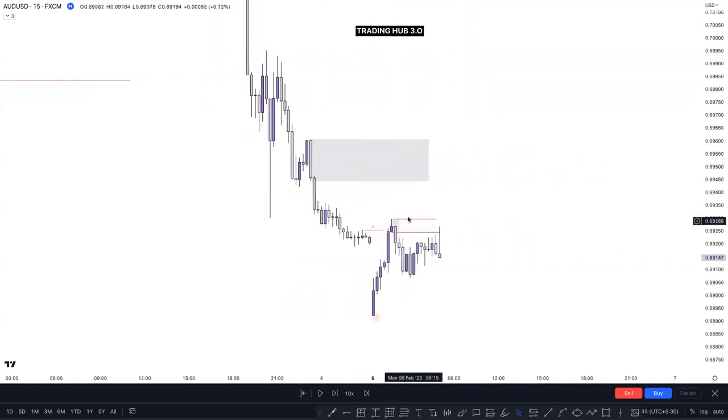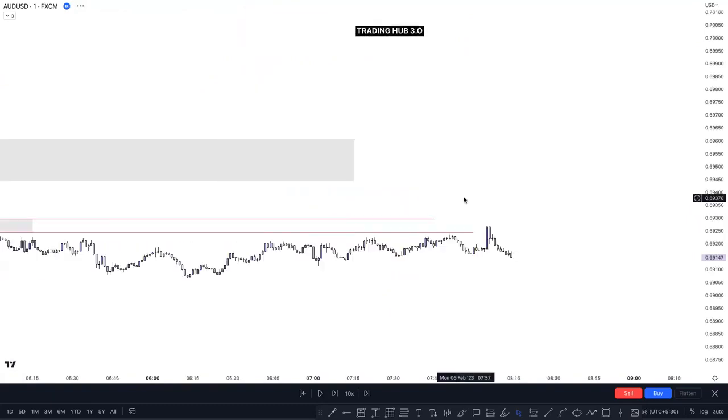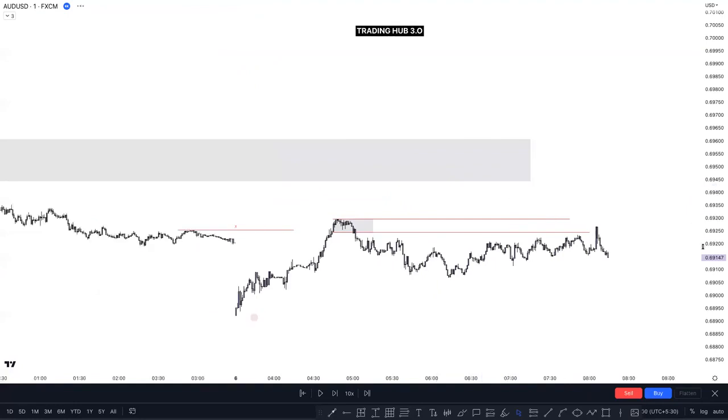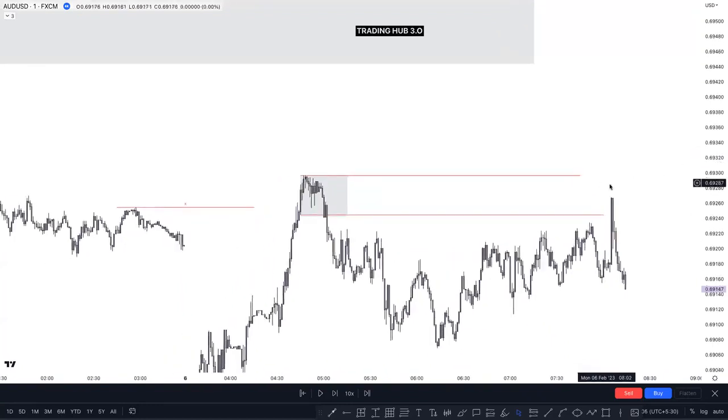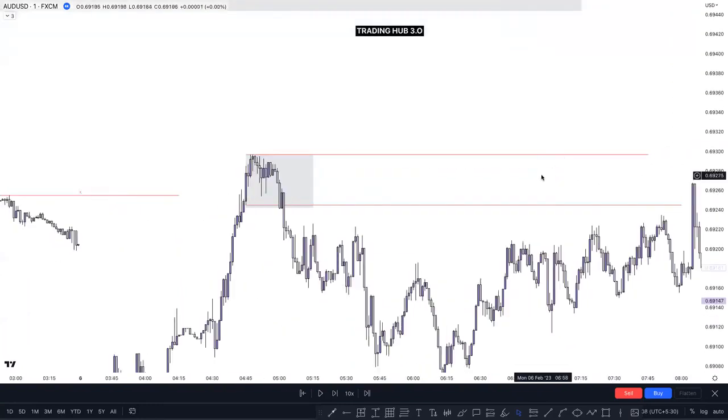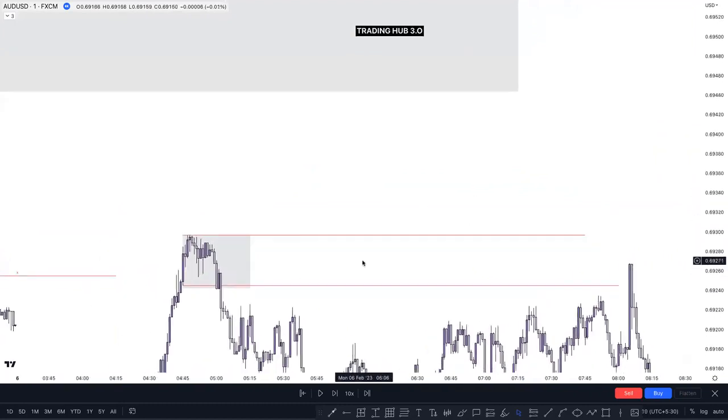In this case, you can simply refine your order block here in a 1 minute time frame, and then you can sell here, right? So let's see. If there is any unmitigated order block or anything here, then you can sell here. Otherwise, you have to wait for it, right? Because you have two POIs here after taking out the inducement.